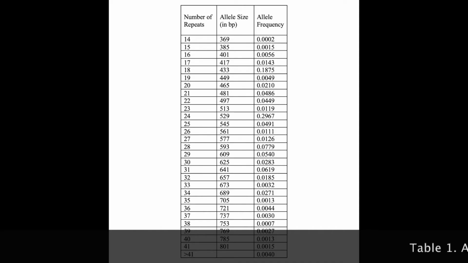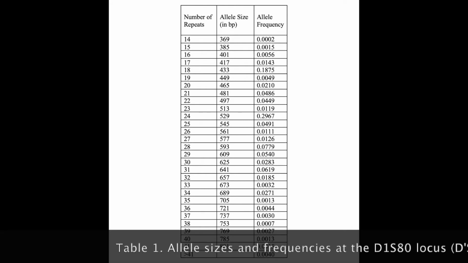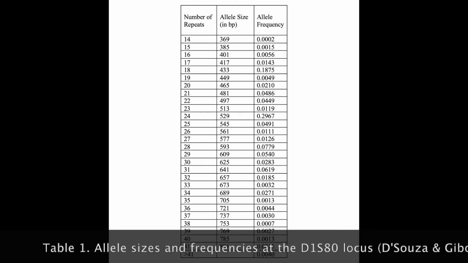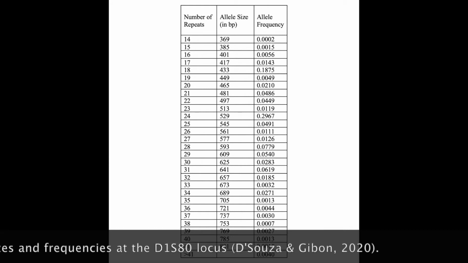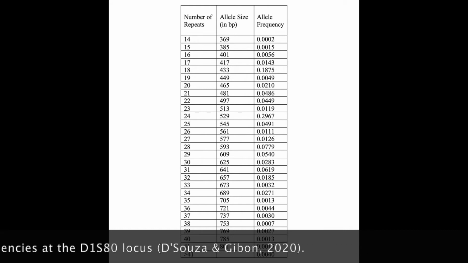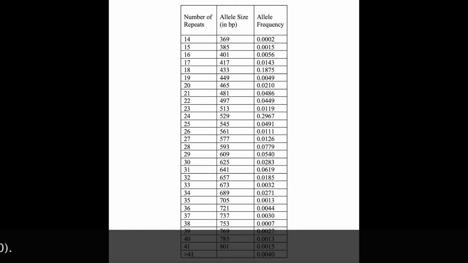In VNTR analysis, once the fragment size of each band seen in the gel is determined in base pairs, the number of repeats seen at each allele can then be determined by looking at a table which gives you the allele sizes and frequencies seen at the D1S80 locus, such as the table I'm showing you guys here.